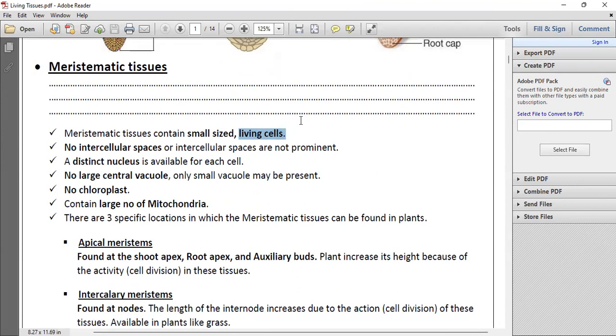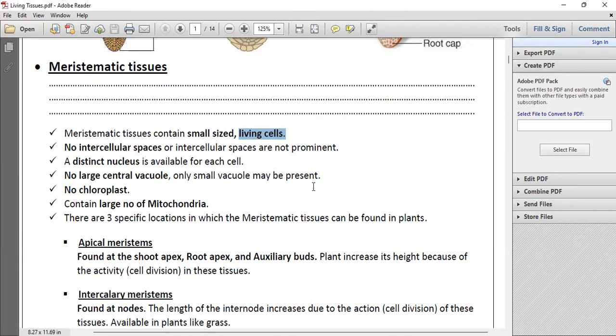So every time we talk about a tissue, we should mention whether the cells in that particular tissue are living or dead. Meristematic tissue contains living cells, and those cells are very small. You have to highlight that part. Next one: no intercellular spaces, or intercellular spaces are not prominent.